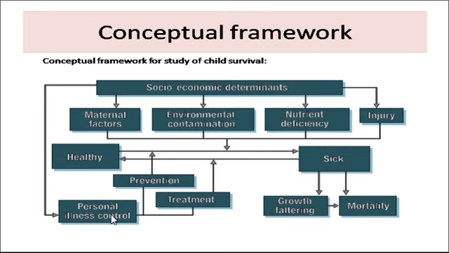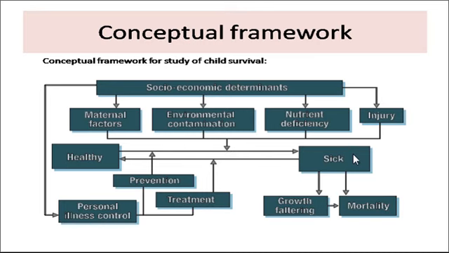So these are the 1, 2, 3, 4, 5 important factors which are the socio-economic determinants for child survival. Now these factors, maternal factors, environmental contamination, nutrient deficiency, injury, are seen to lead to either a healthy or a sick child. That means these factors will determine whether a child is healthy or sick.